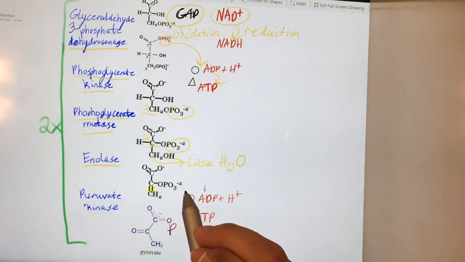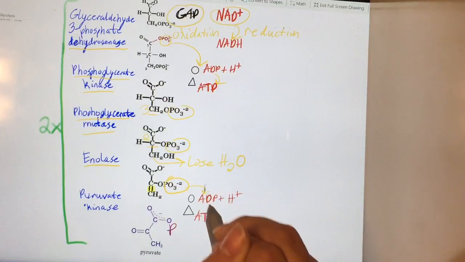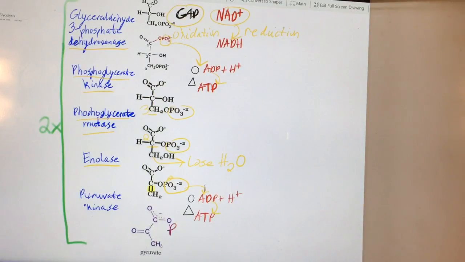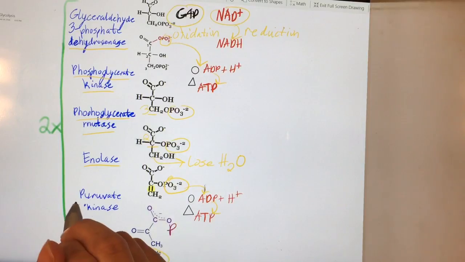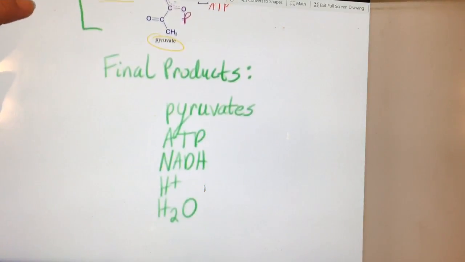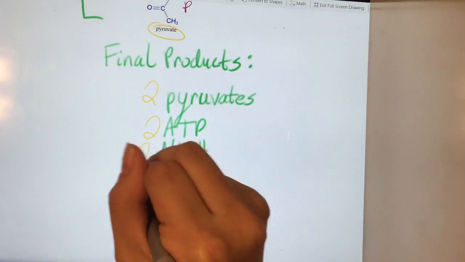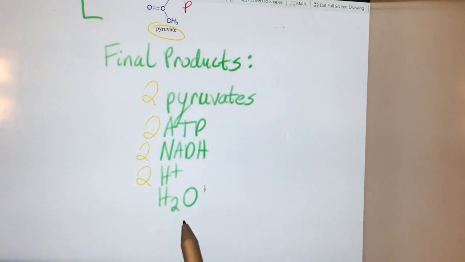When the phosphoryl group has been donated to ADP, the unstable enol is able to undergo a conversion into the more stable ketone, named pyruvate. This step is not reversible and is catalyzed by pyruvate kinase. At the end, 2 pyruvates, 2 ATP, 2 NADH, 2 H+, and 2 H2O molecules are produced.